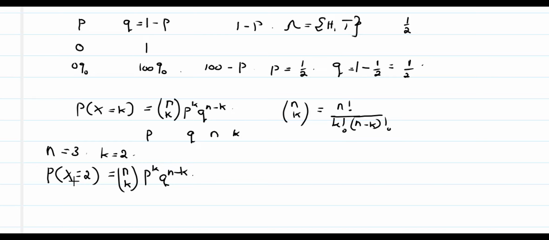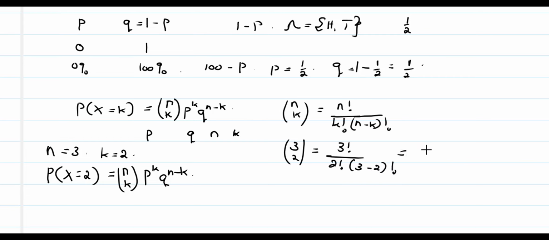Now look, we already have N and we have K. To get this N choose K, we apply this formula, which is the coefficient expansion formula. You can review it in lesson 5. So I put 3 here, then K, which is 2, like this. This equals N factorial, which is 3 factorial, all over K factorial, which is 2 factorial, times 3 minus 2 factorial.